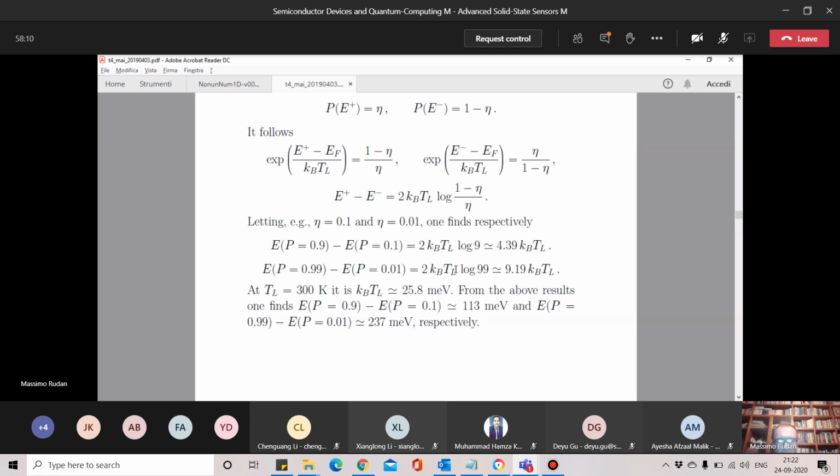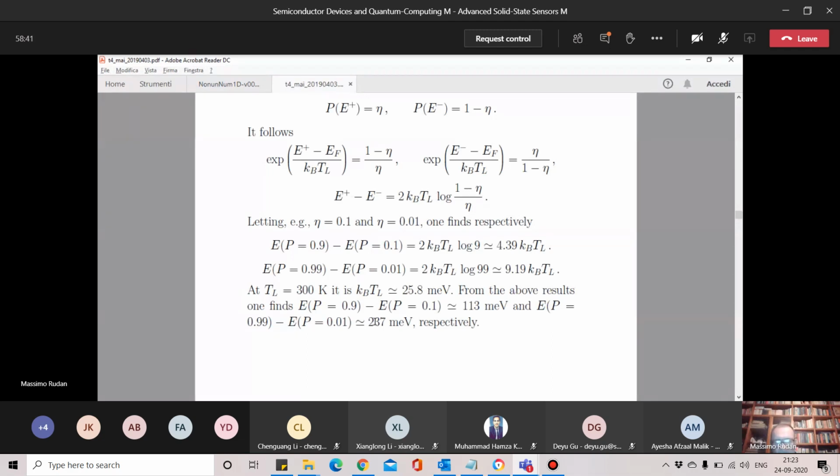So at room temperature, the first result, 4 times kT, is about 100 milli-electron volt. And the second result, 9 kT, is about 200 milli-electron volt. And these are small energies. This is important from a practical standpoint to examine the behavior of the semiconductor.